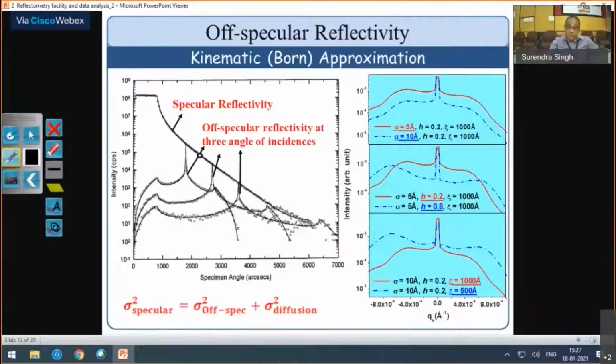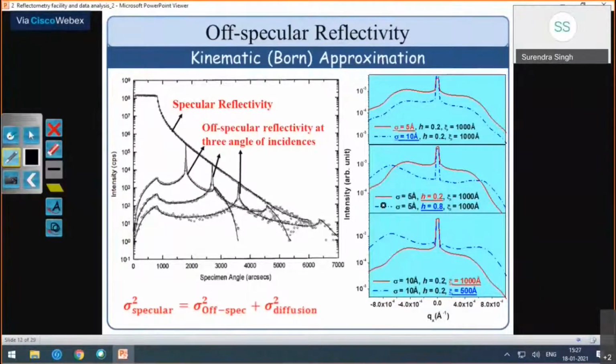But if we preserve those, with specular as well as off-specular reflectivity, we get the total picture.